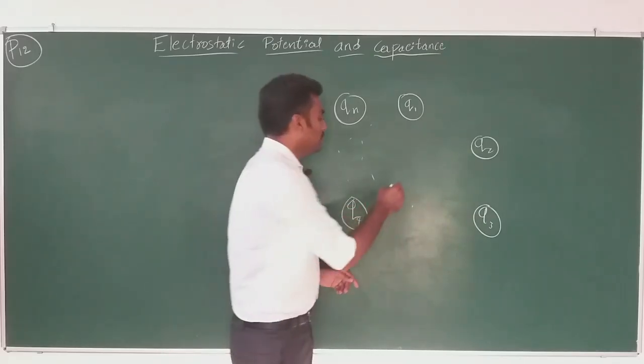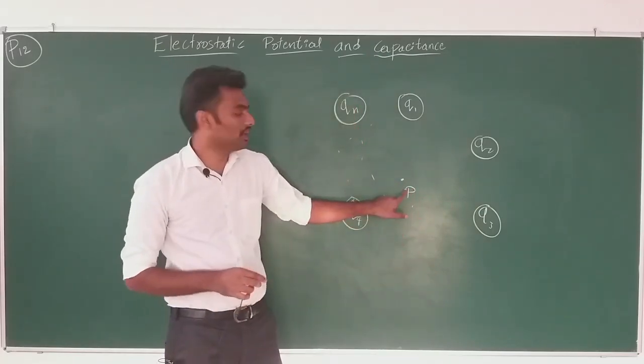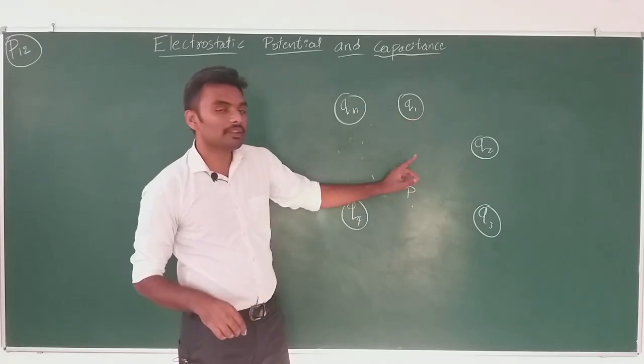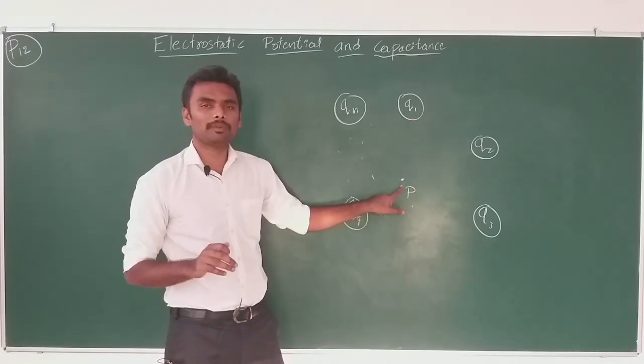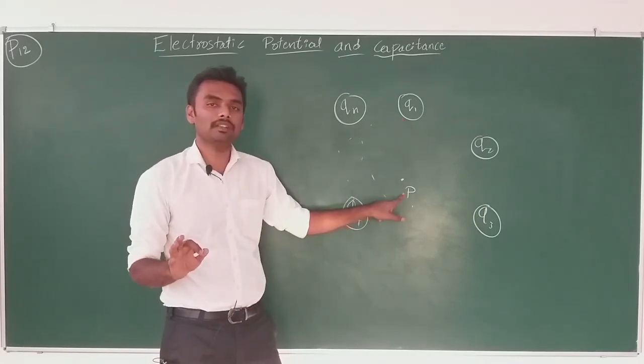Okay. Now, let this be the point P where I need the potential. If I had only one charge Q1, then the potential at this point would be very simple, 1 by 4 pi epsilon naught Q1 by R1, right.